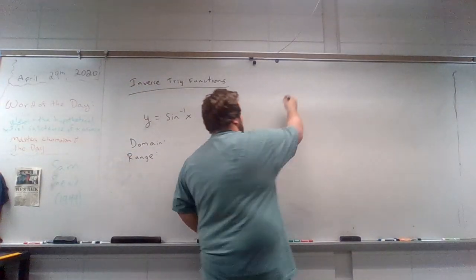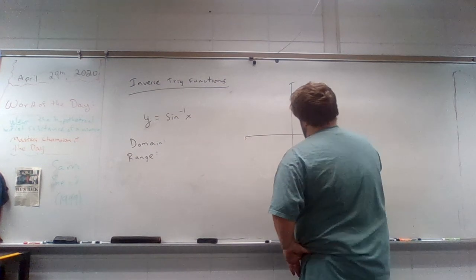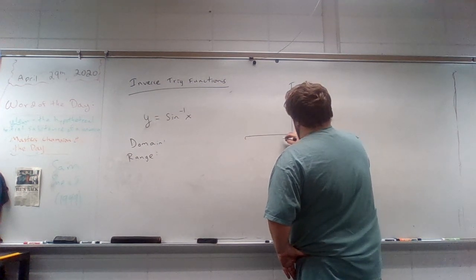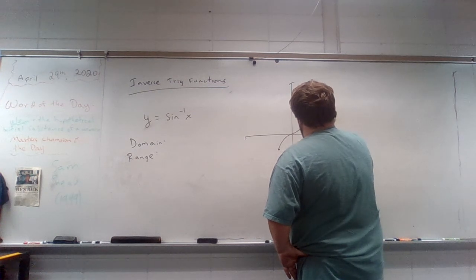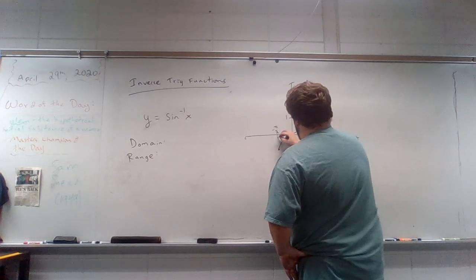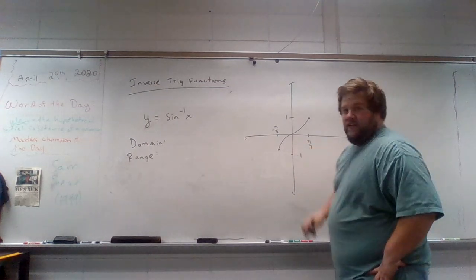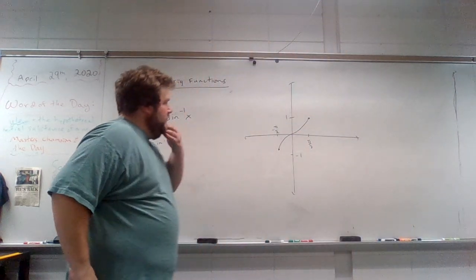Okay, so I think I mentioned in the video, and I'll draw up kind of the situation that we had, but I believe that I said that our sine, we were going to restrict it to something like this, and I believe I kind of cut off all of the sine except for this little piece right here.